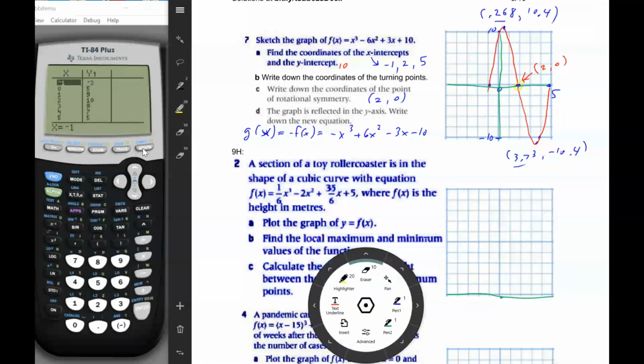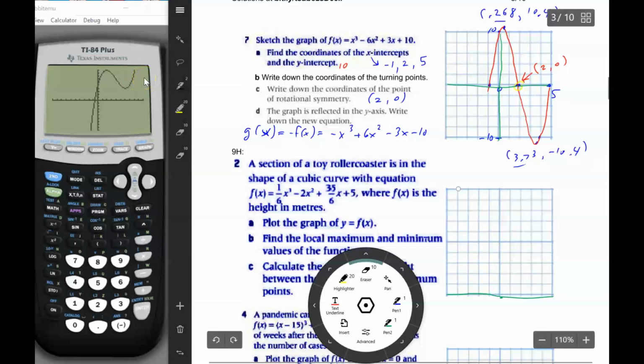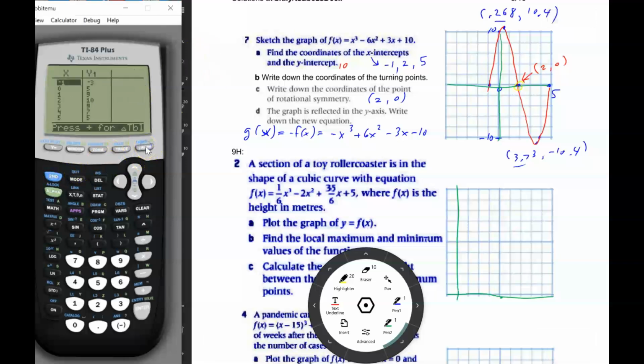Okay, for the axes, when I look at the graph here, do you see how I'm mainly working in the first quadrant? So I'm going to put my axes like this, okay, and then I'm going to look at the table to get some of my points.